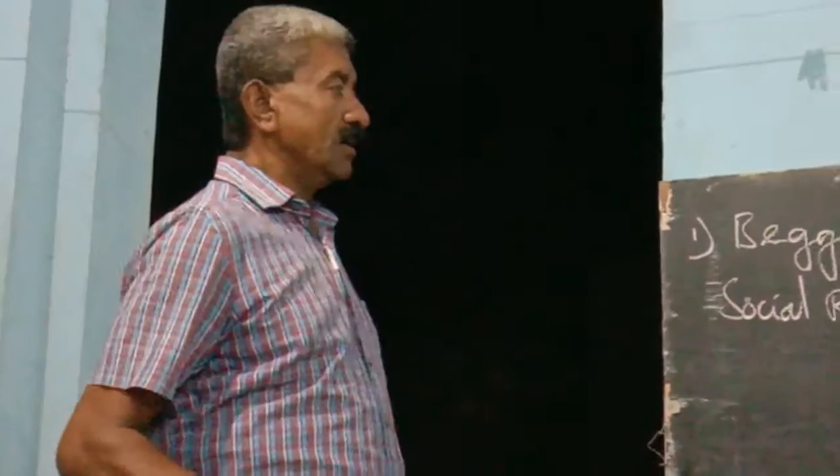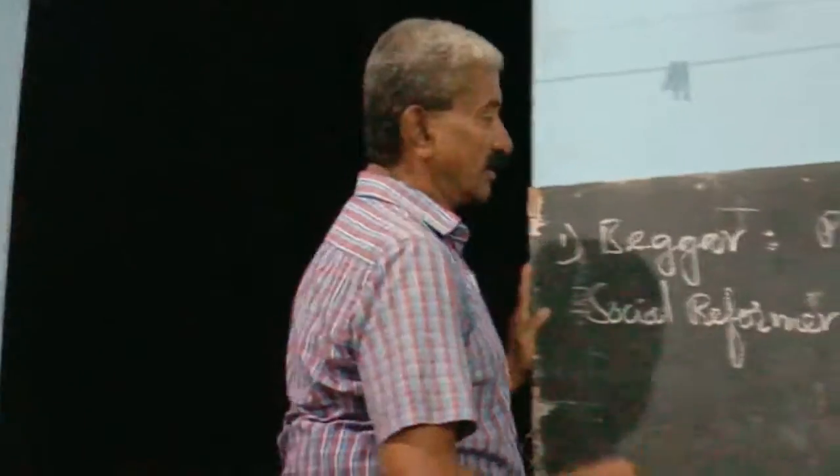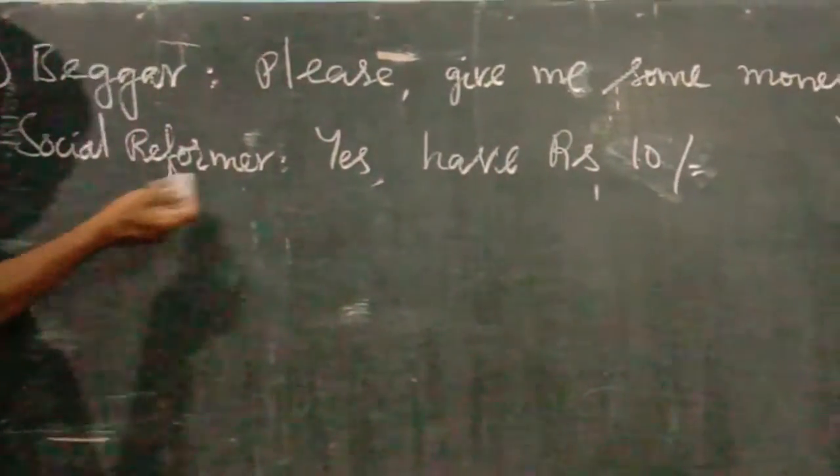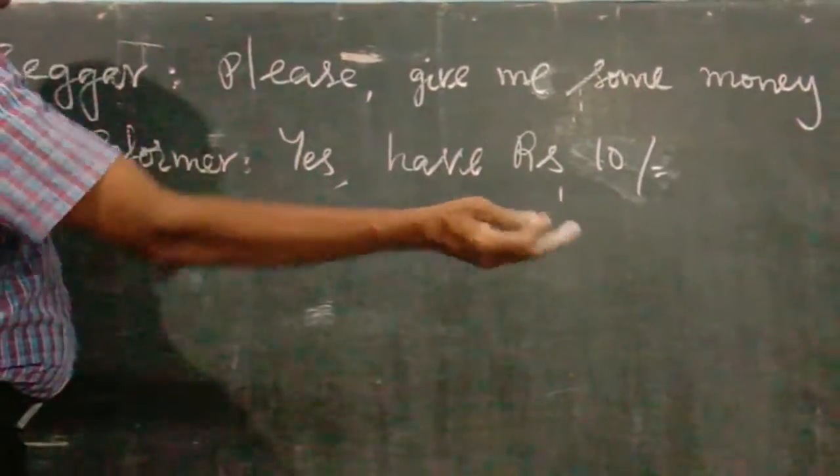Now, let's get into a dialogue between a beggar and a social reformer with a minimum of 3 exchanges. What will the beggar ask? He will beg for some alms. So, for example, you write beggar: Please give me some money. Social reformer: Yes, here you have some money, ₹10.